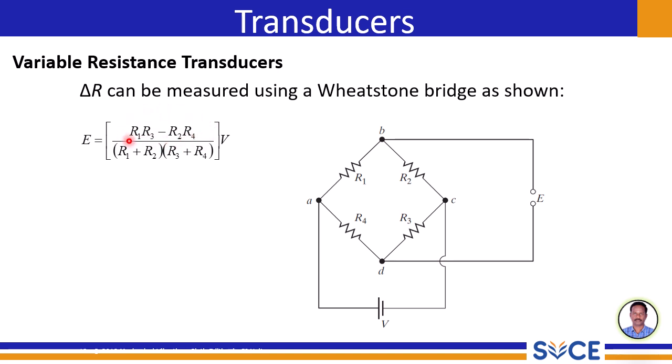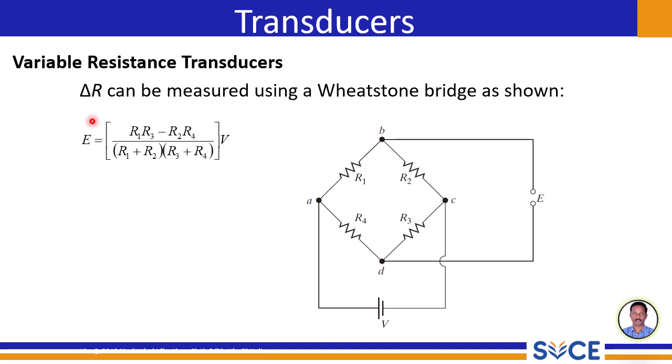That is, the numerator should be zero. If one of the resistors, say R1, changes its resistance due to strain, this balance condition is no longer met and a non-zero output voltage is produced. So, by carefully measuring this output voltage E and knowing the initial resistance of the bridge components and the gauge factor of the strain gauge, we can precisely determine the change in resistance del R and consequently the strain experienced by the gauge.